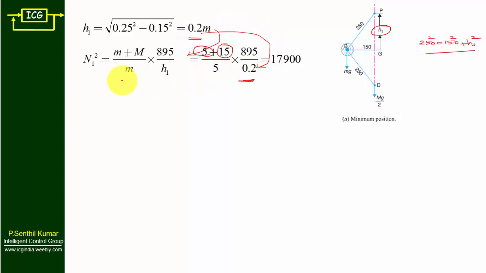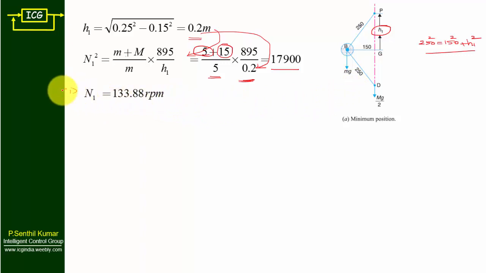When you process these parameters, you will get 17,900, that is n1 squared value. From that we can easily find n1. So n1 equal to 133.88 rpm. This is the minimum speed of the given governor. This is the answer for subdivision 1.